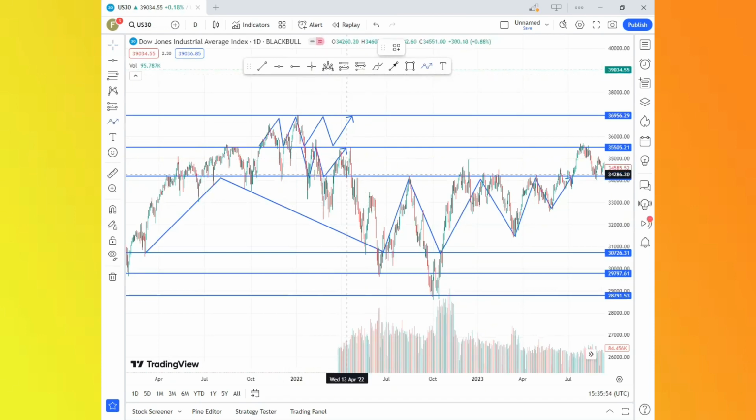The same applies here. As soon as the market breaks here, this level, which was our floor for this playground, will now act as a ceiling for this current playground.